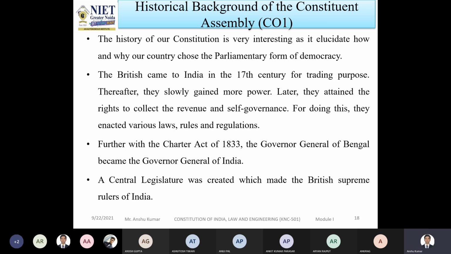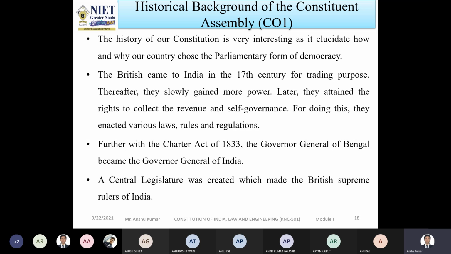This act created, for the first time, a government of India having authority over the entire territorial area possessed by the British in India.